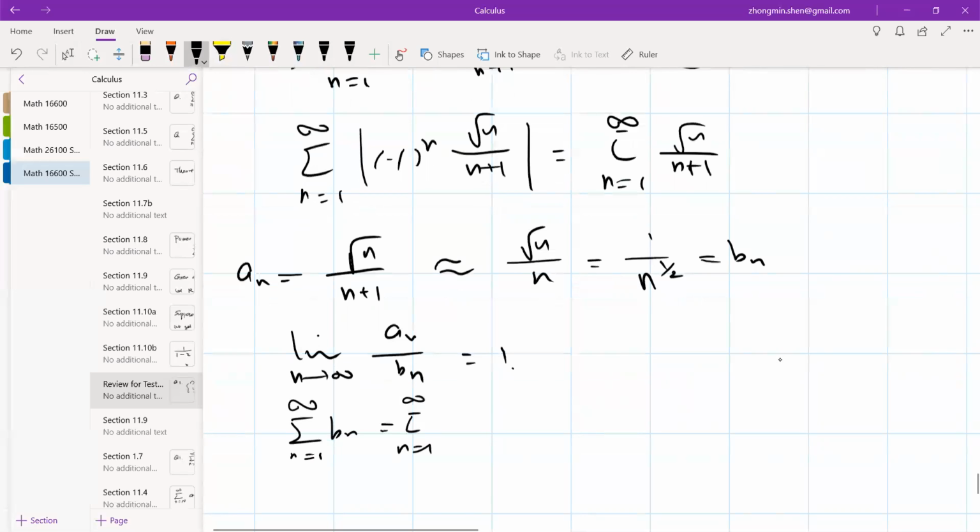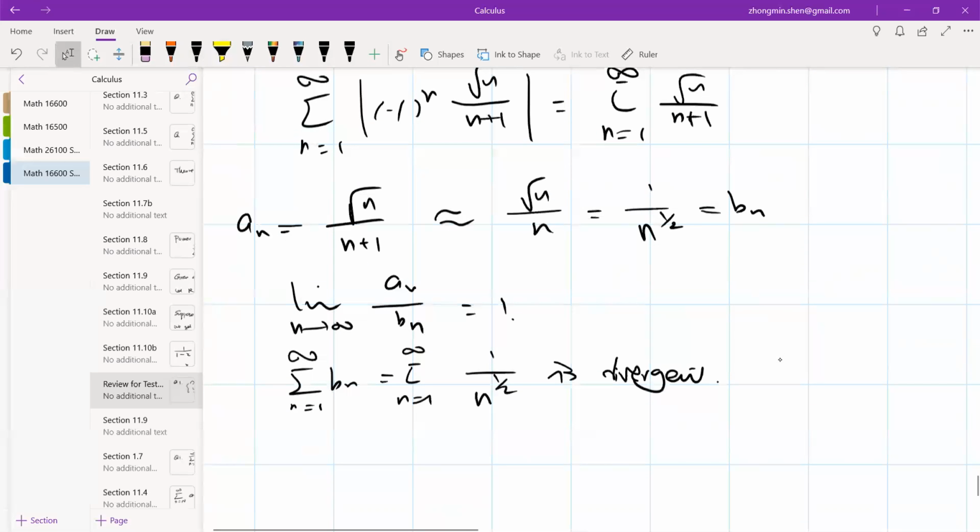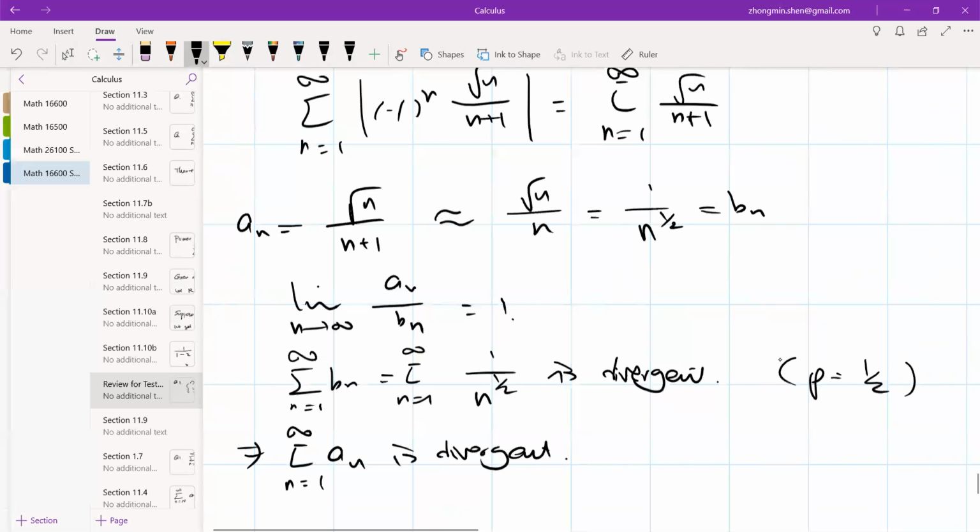The series of b_n is divergent, we know that, by the p-series test, where p is 1/2. So this implies it is divergent by the limit comparison test.